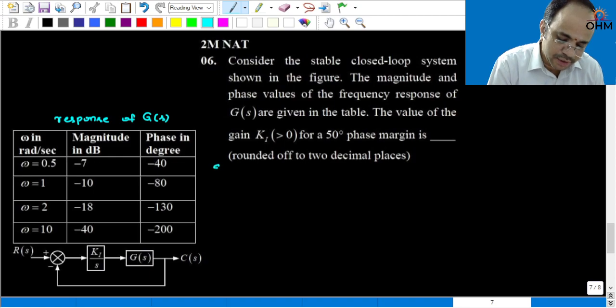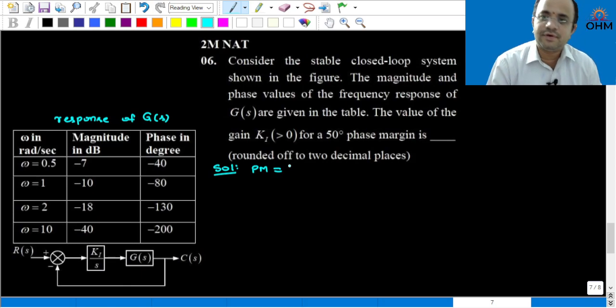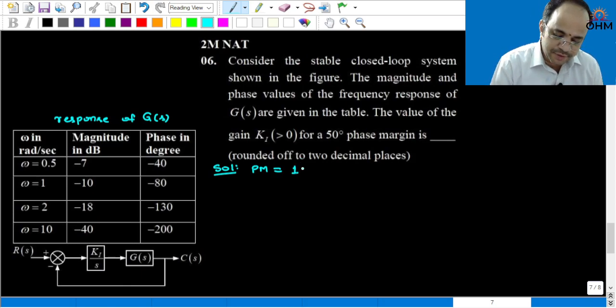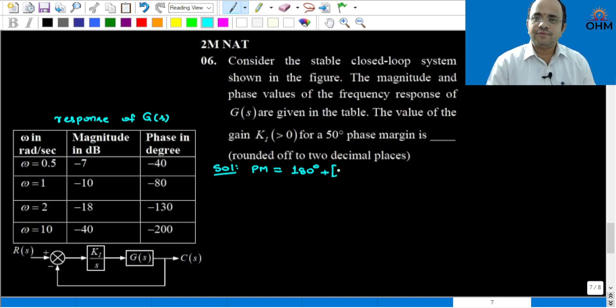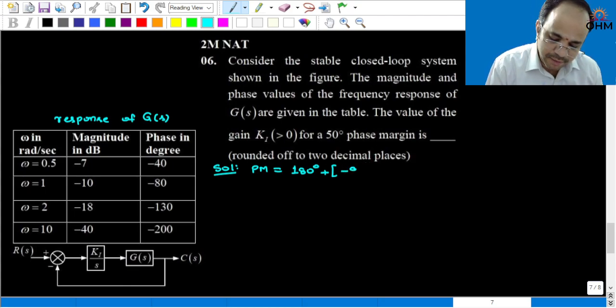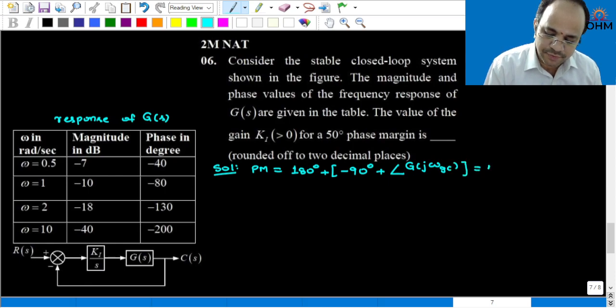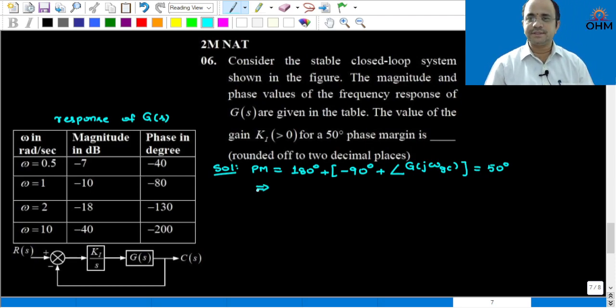Now, what I can do here, first let us write down the definition for phase margin. What is the phase margin definition? 180 degrees plus the phase angle of the forward transfer function at gain crossover frequency. Therefore, that will be minus 90 degrees plus phase angle of G of j omega GC is equal to 50 degrees, because the denominator S contributes a phase angle of minus 90 degrees.